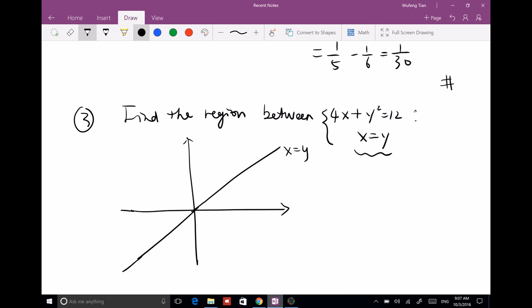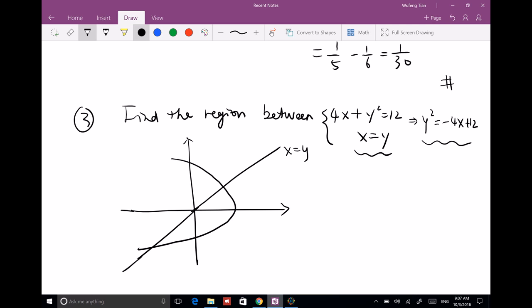So it comes like this. Okay, so if I change that into y squared equals negative 4x plus 12, then you can tell this is a parabola, open left, right, up, or down. Which one? Left. Yeah, very good. Thank you very much. So it's open left.